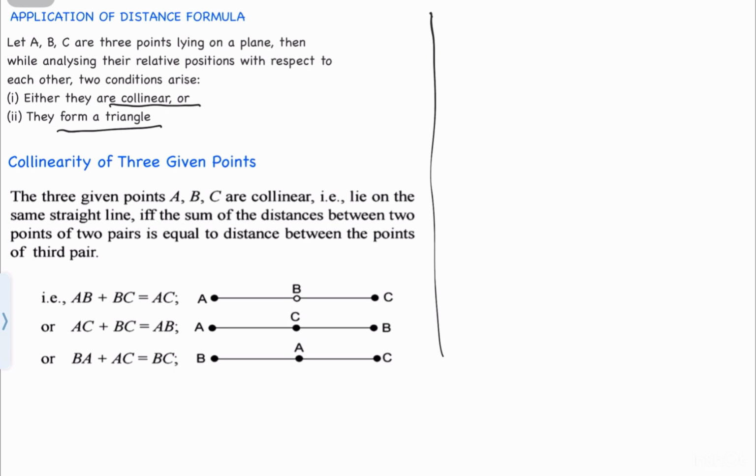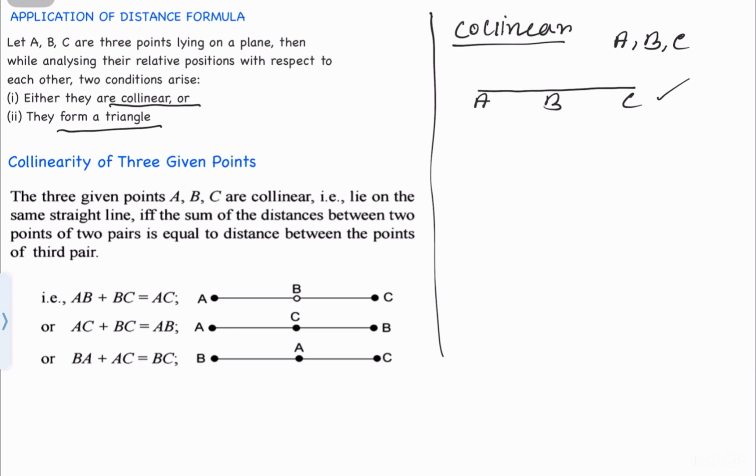What is the meaning of collinear? Collinear means the 3 points belong to the same single line. That means if you have A, B, C, those 3 points belong to the same line. Okay, this is the meaning of collinear.